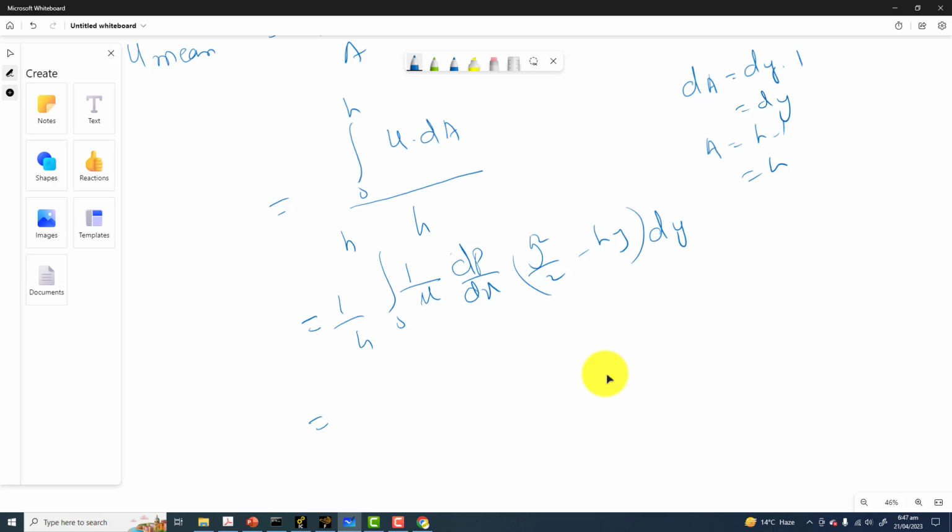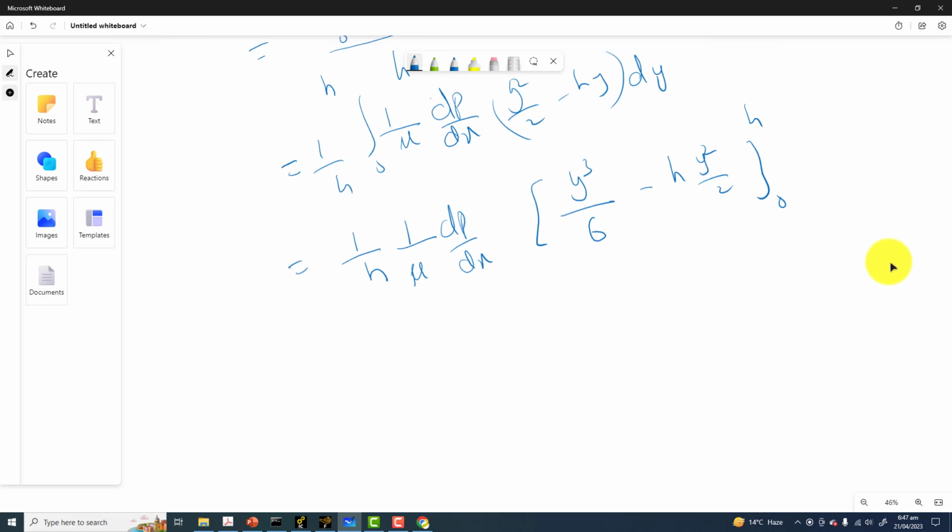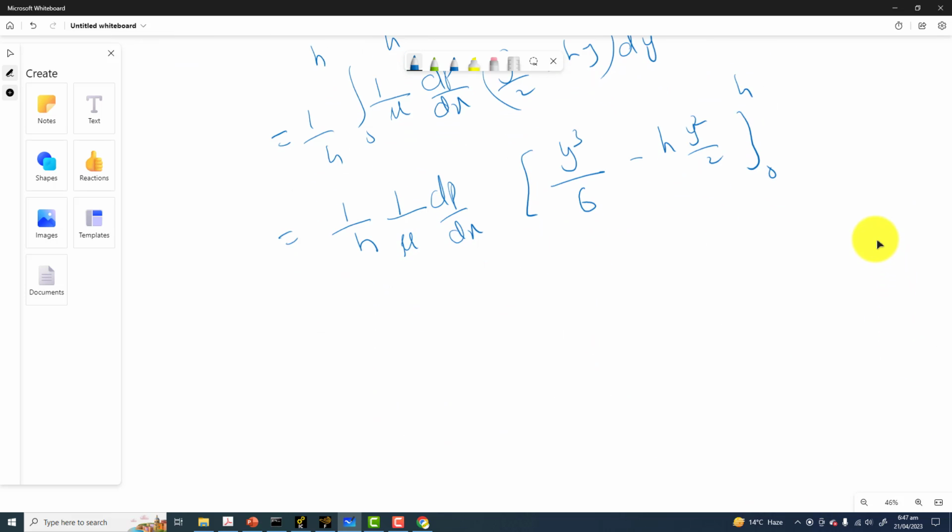So now I can write down this thing as 1 upon h and also take out the 1 upon mu and dp by dx common. And now integrate. So this integration would be y cube upon 6 minus h y square upon 2, and limits are 0 to h. So we have 1 upon h, 1 upon mu dp by dx.